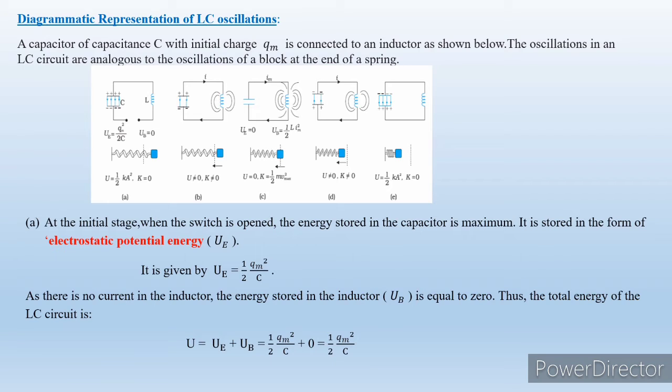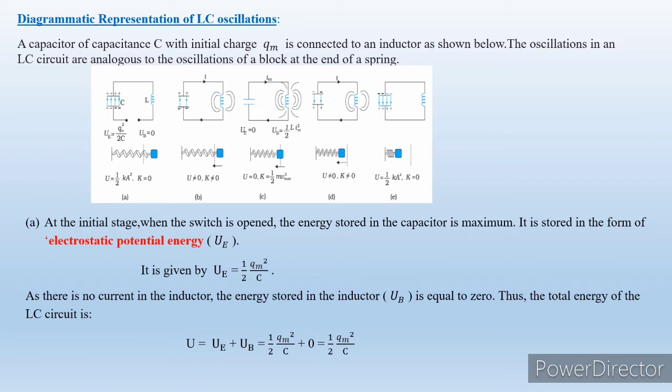A. At the initial stage, when the switch is open, the energy stored in the capacitor is maximum. Because it is an open circuit, there is no current flow and the capacitor does not lose its charge, and hence the capacitor has maximum energy.